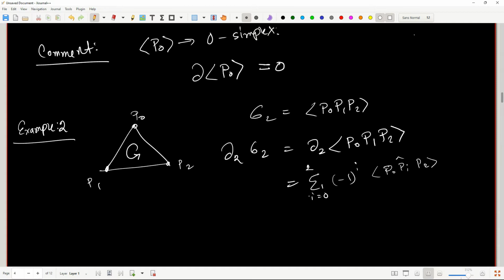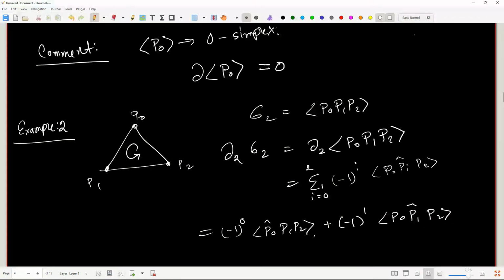If I expand out this summation, then this is just (-1) to the 0, p0 hat p1, p2, plus (-1) to the 1, p0, p1 hat p2, and then plus (-1) squared, p0, p1, p2 hat.